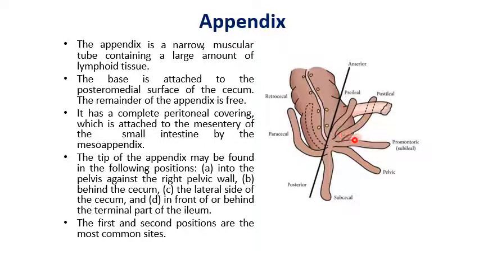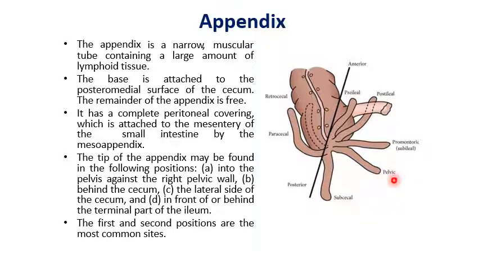Now the tip of the appendix is found in various positions in different individuals, and according to it various positions of appendix are known, and we can compare these positions with the hour hand of a clock. So first, if the tip is pointing into the pelvis against the right lateral wall, then this position is known as the pelvic position or the 4 o'clock position.